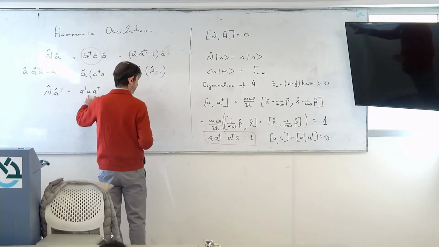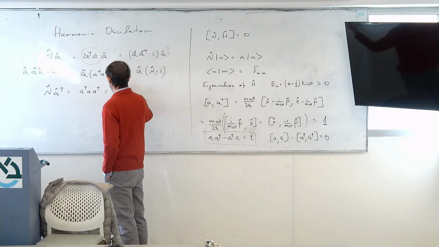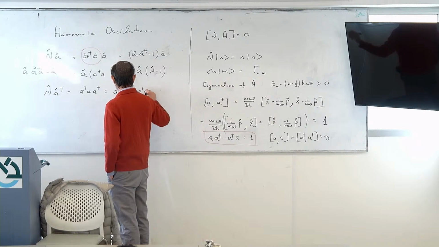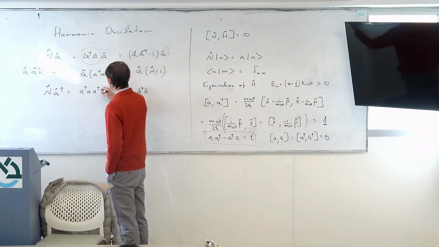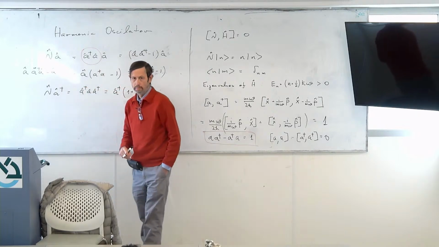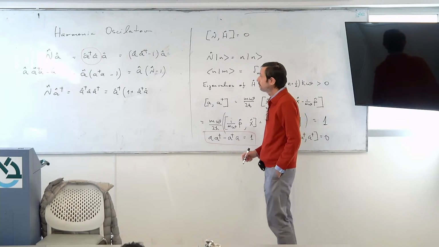So I'm taking now A dagger and writing down A dagger 1 plus, just again from the commutation relation.